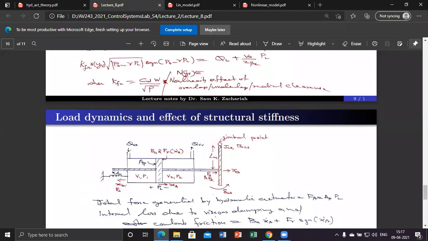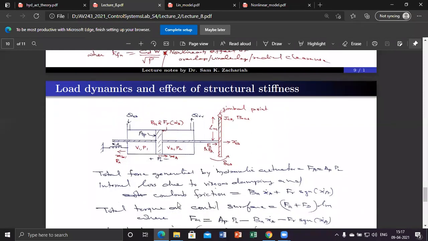Now let us concentrate on the dynamics part, that is the actuator connected to the load direction. Here we are considering the motion of a control surface, because our practical problems I can take either from a launch vehicle or from an aircraft or from an RLV.